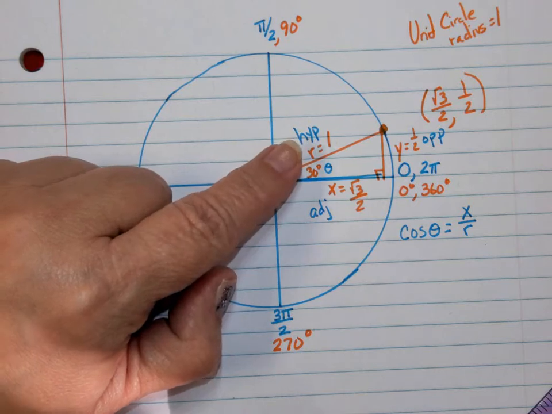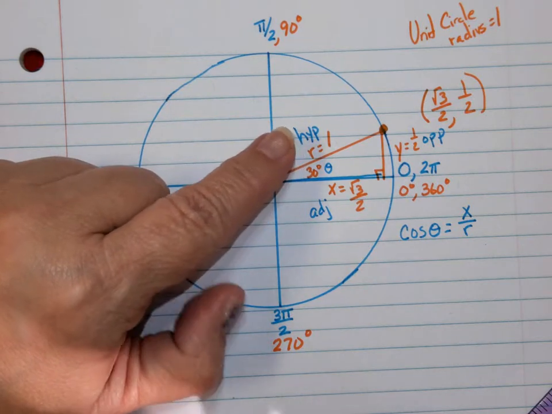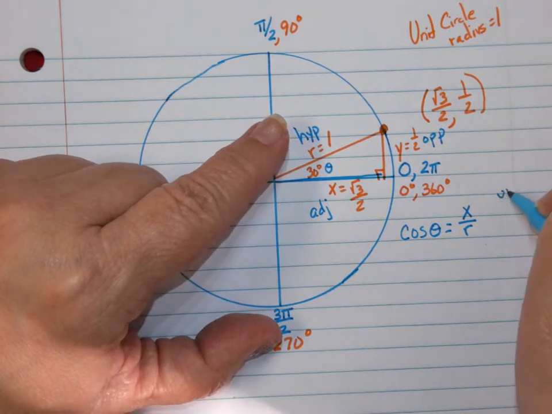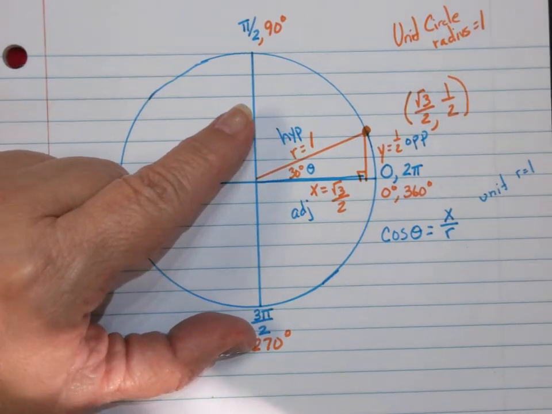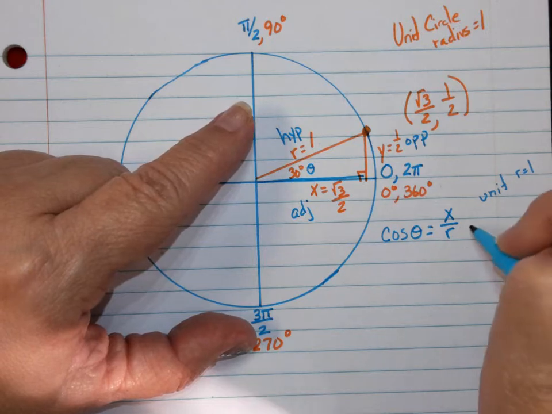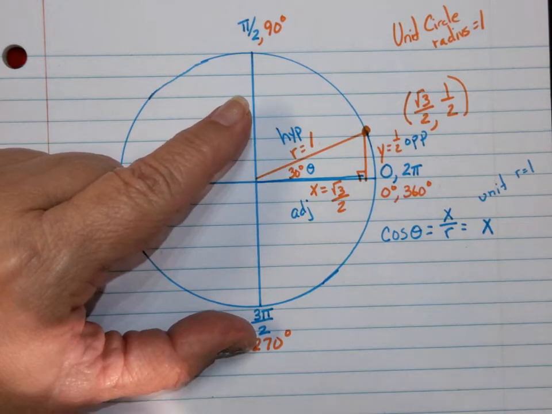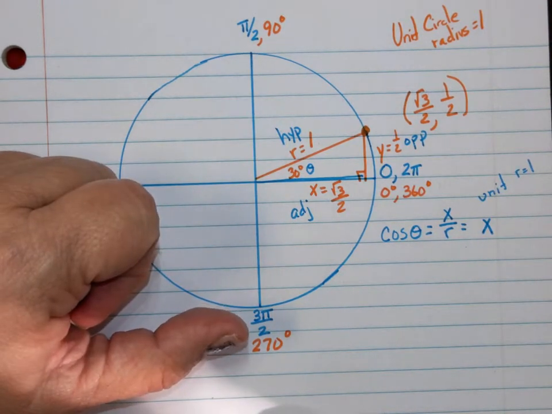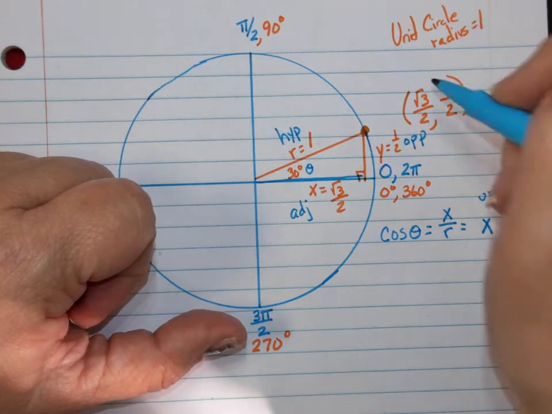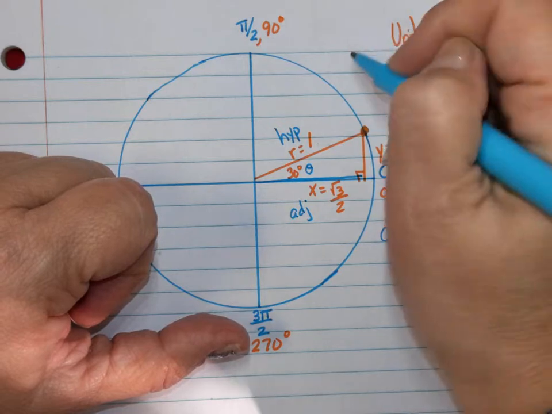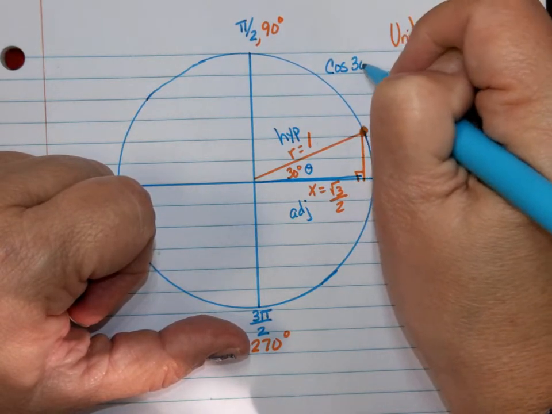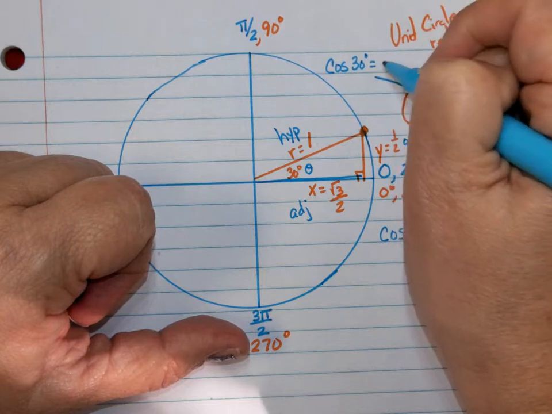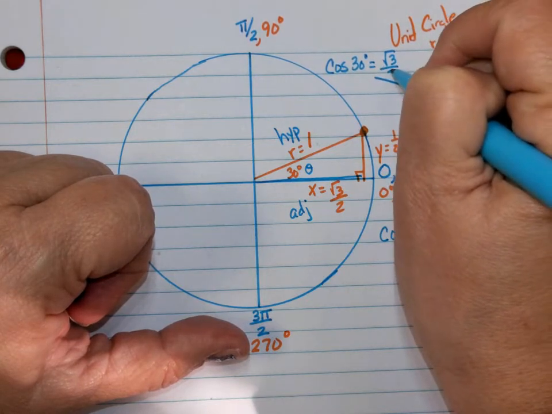all the time on a circle. But on the unit circle, where r equals 1, then cosine of theta is just x. So what that tells me is right up here in this ordered pair, the cosine of 30 degrees is equal to the square root of 3 over 2.